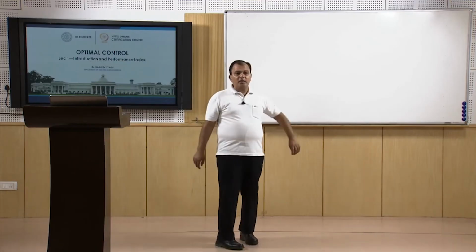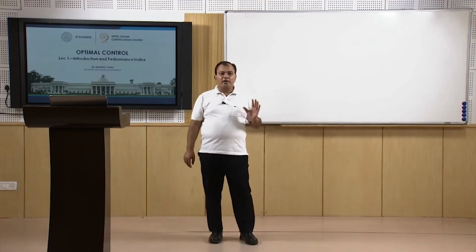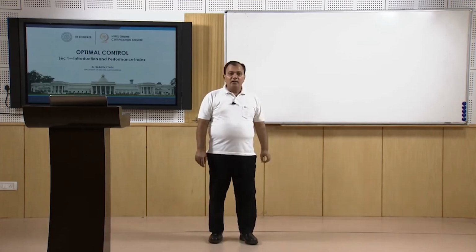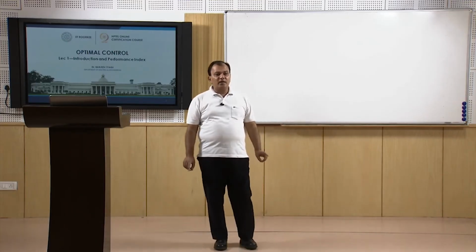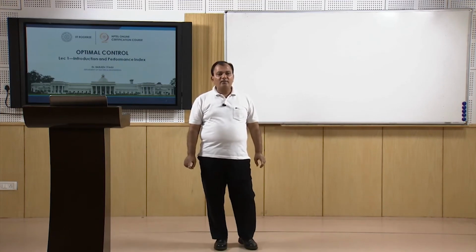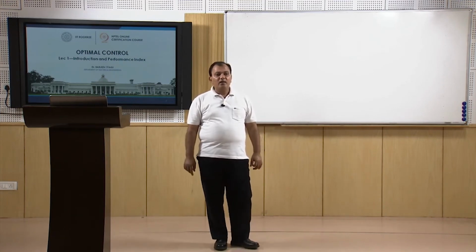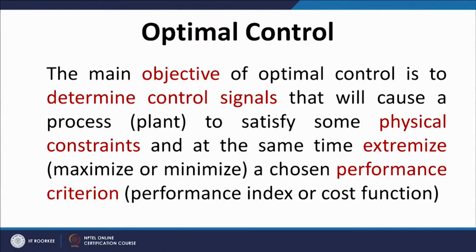The main objective of optimal control is to determine the control signals that will cause a process to satisfy some physical constraint and at the same time extremize a chosen performance criterion, which we also call a performance index or cost function.